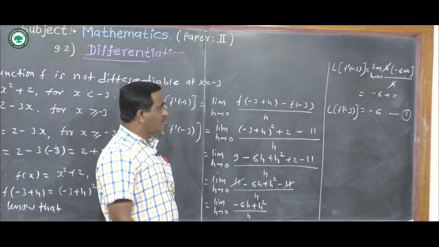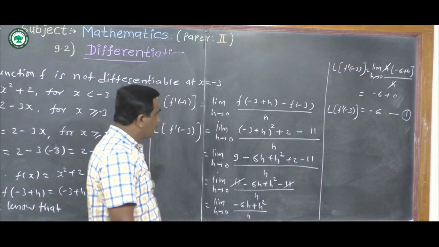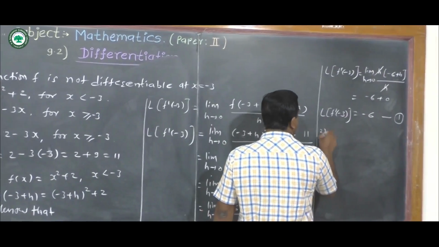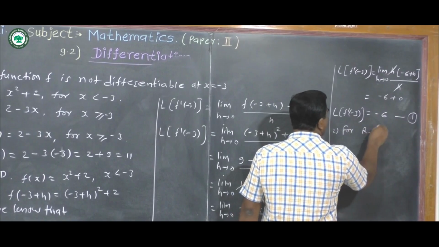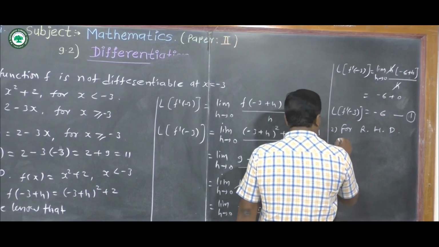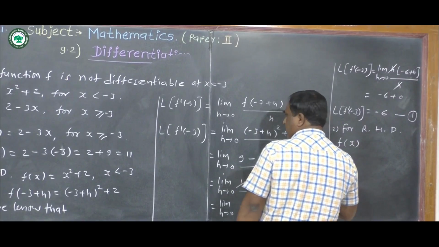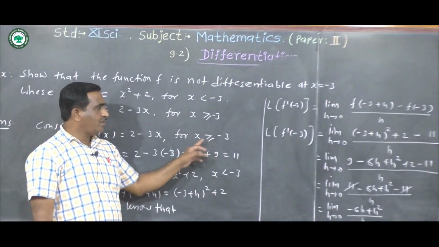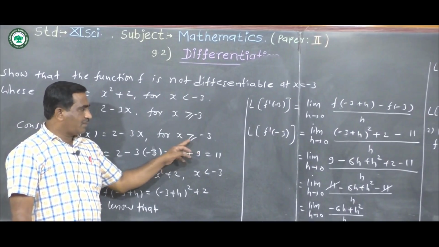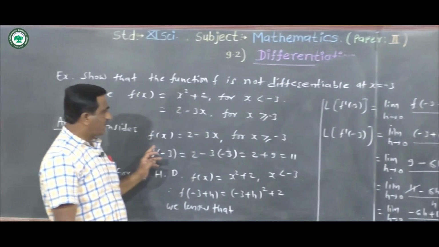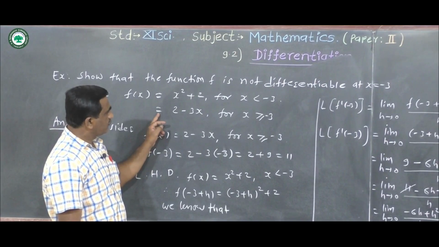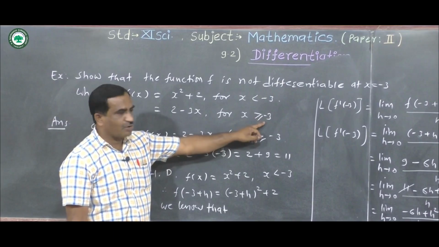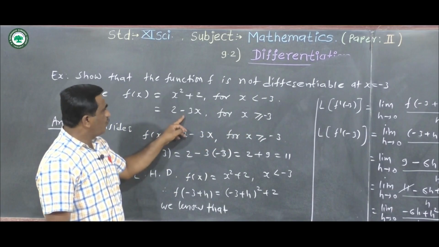Okay, this is the left hand derivative, and we can find here again the right hand derivative, number second. For the right hand derivative we consider the value of f(x). The right hand derivative is here x tends to -3 from bigger to smaller, then the value of f(x) is 2 - 3x.